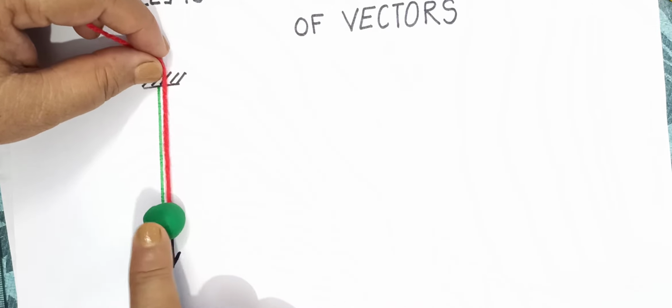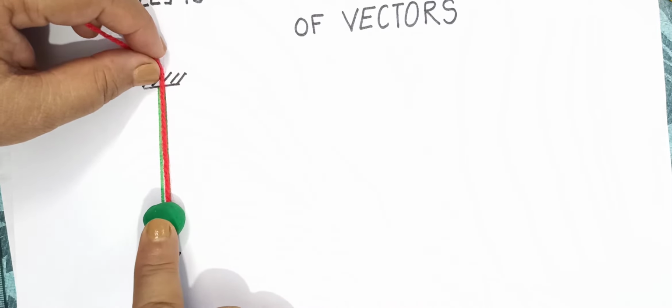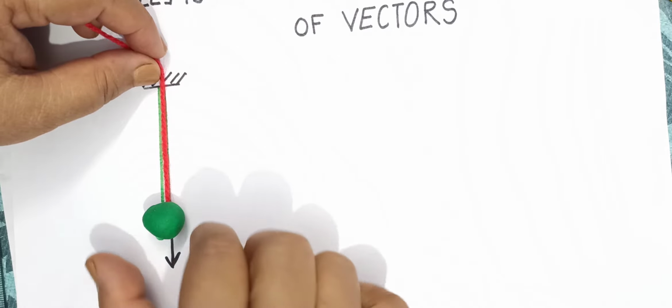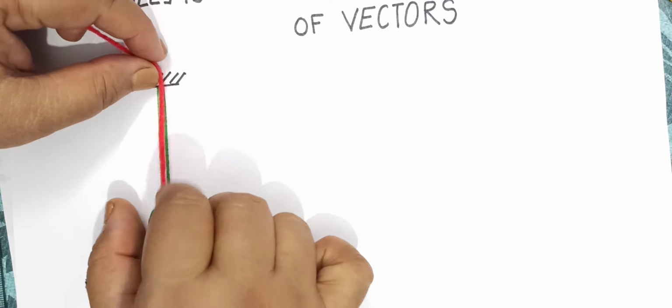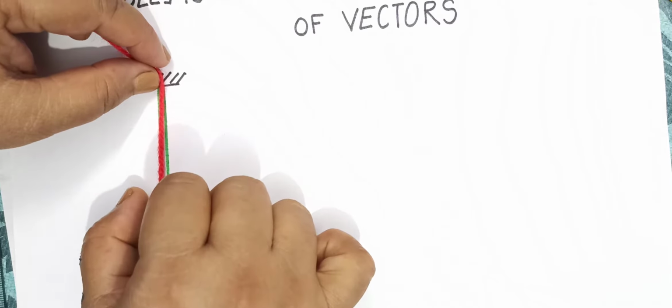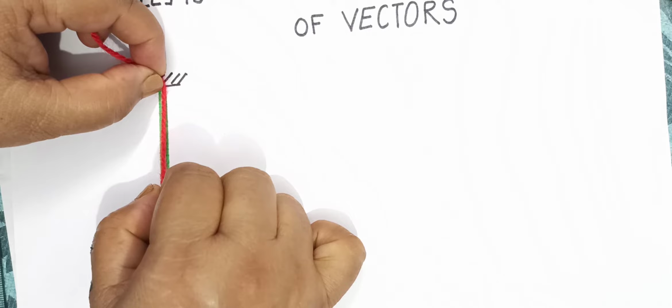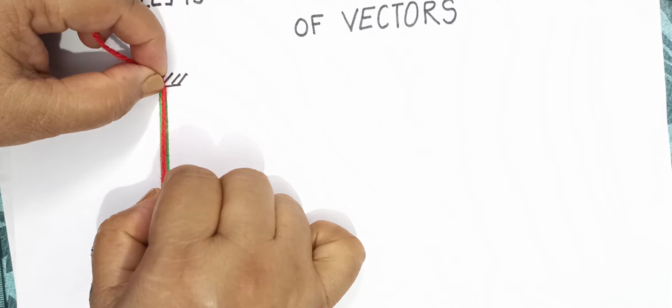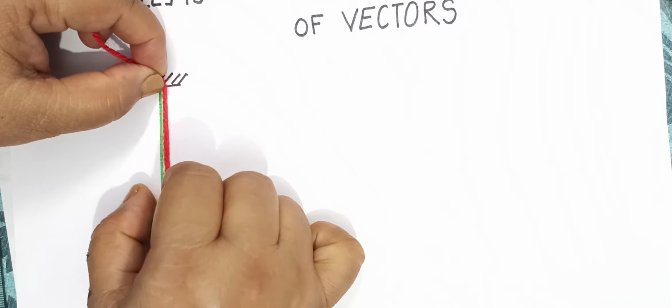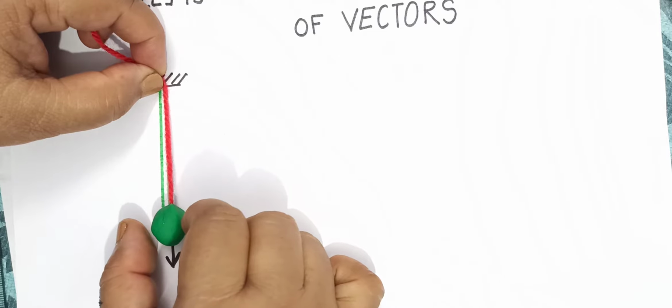Now this gravitational force is pulling this ball down, and if I pull this ball down, then see what is happening. This string is getting tight.